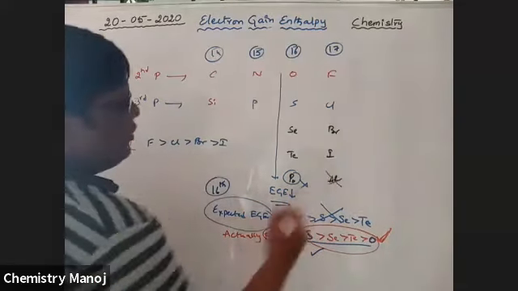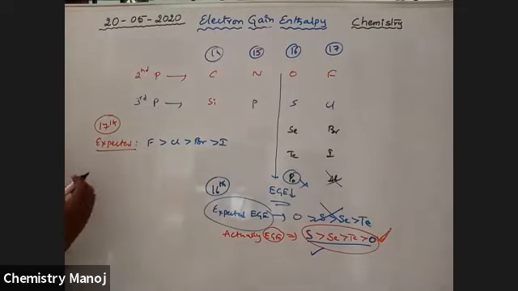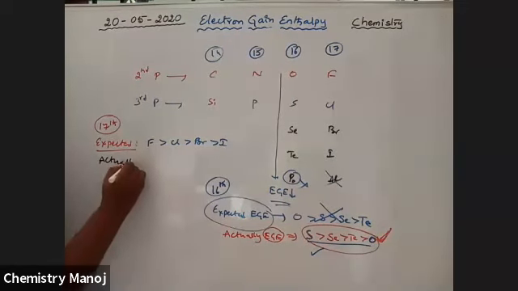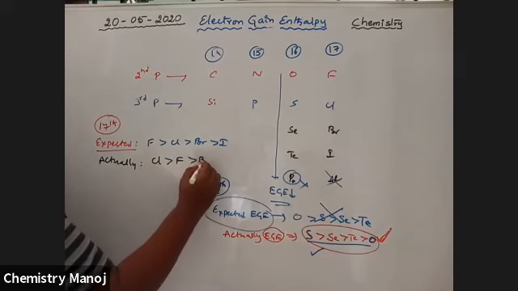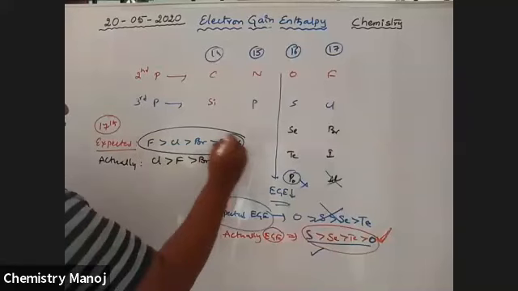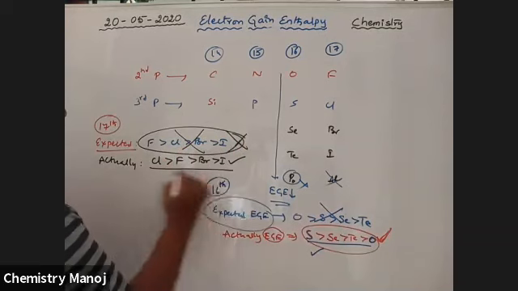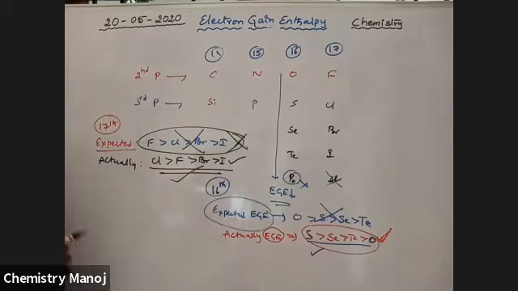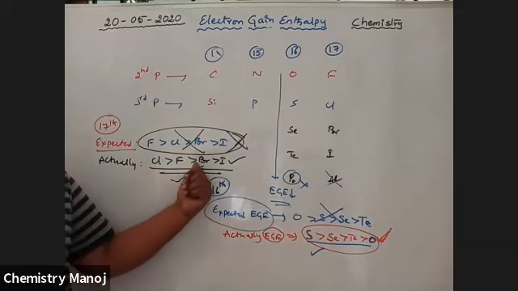Astatine is neglected. But the actual values: chlorine greater than fluorine greater than bromine greater than iodine. This is correct, this is wrong, my dear boys. This is absolutely correct. So the order of electron gain enthalpies or electron affinity of 17th group elements is chlorine greater than fluorine greater than bromine greater than iodine.